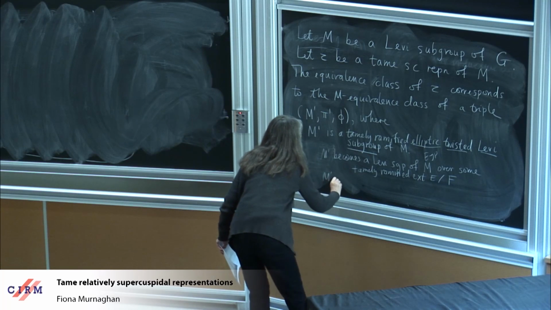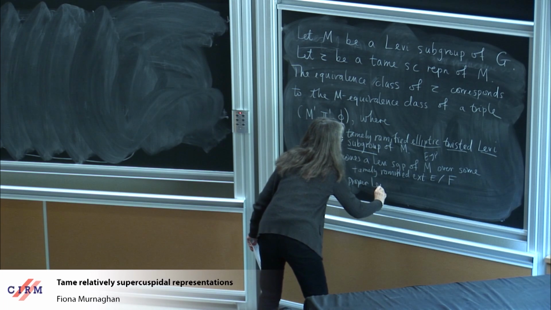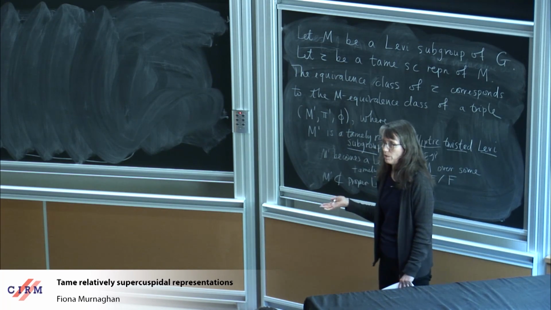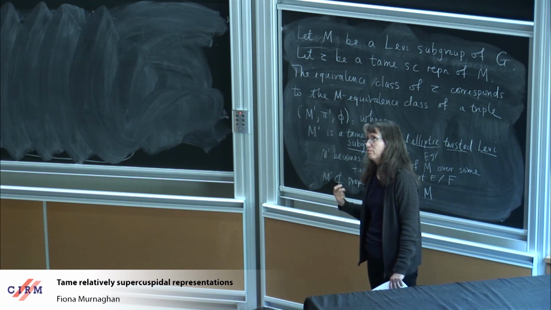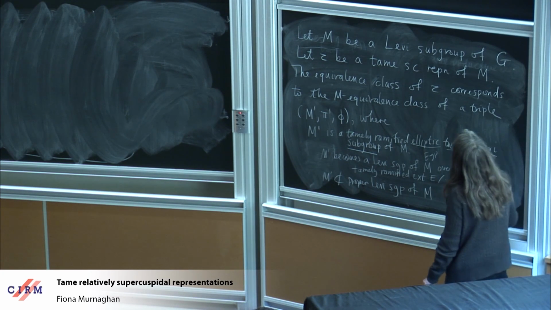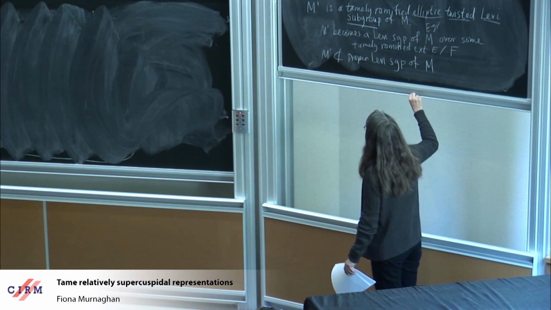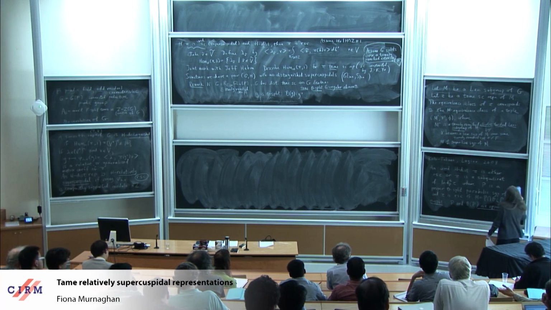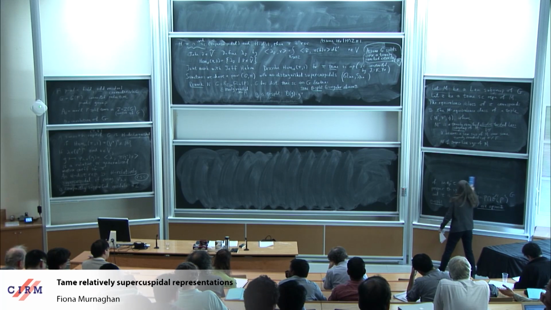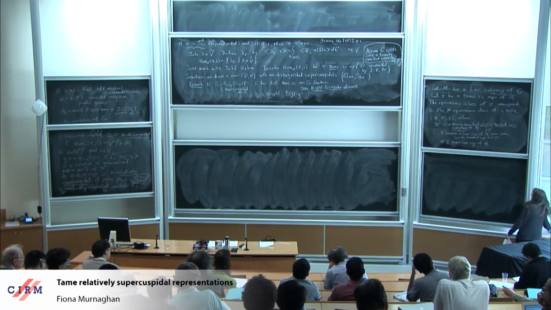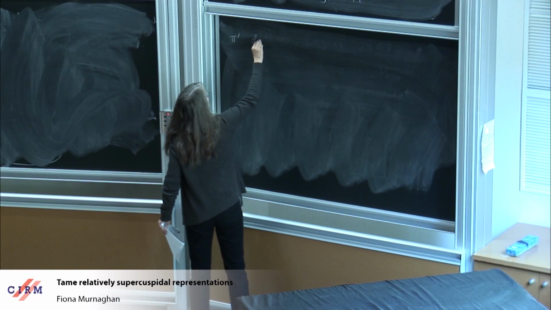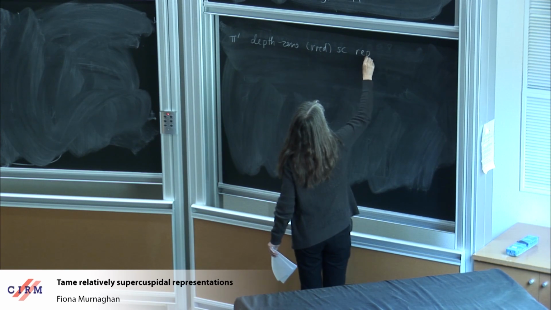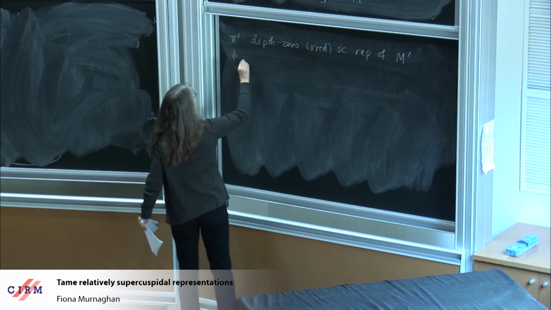So M primed is not inside any proper Levi subgroup of M. For example, an elliptic maximal torus that splits over a tamely ramified extension is an example of an elliptic tamely ramified twisted Levi subgroup. Then pi primed is just an irreducible depth zero supercuspidal representation of M primed. And phi is a quasi-character of M primed.